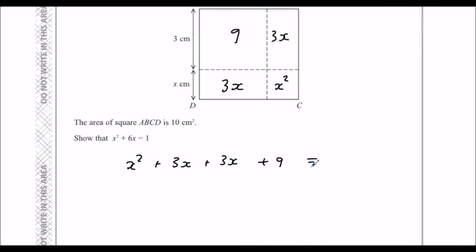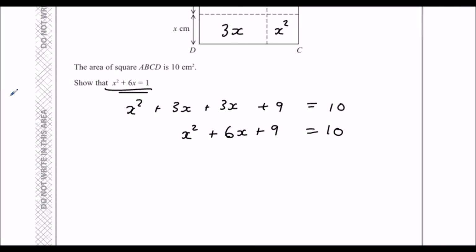And that total area equals 10. So we're just going to collect like terms here. So 3x's plus 3x's are 6x's plus 9 equals 10. How can we make it into the form we want it? We'll subtract 9 from both sides. x squared plus 6x equals 1.